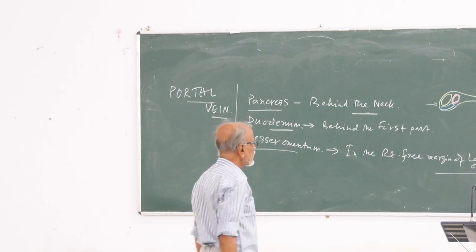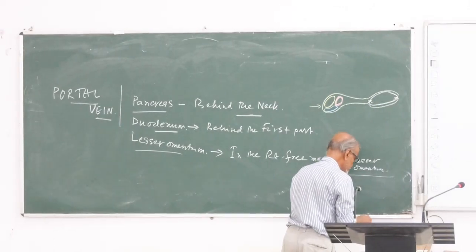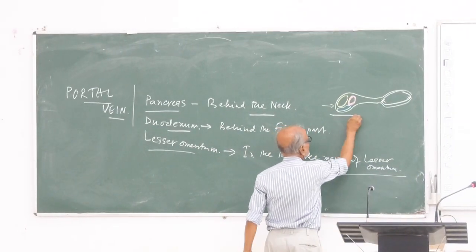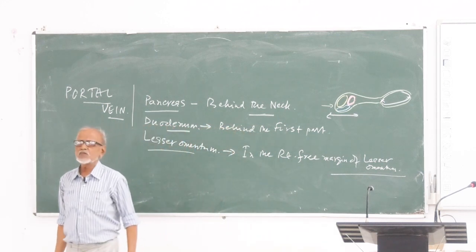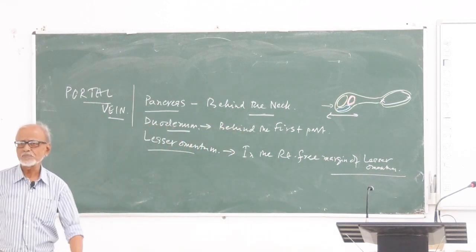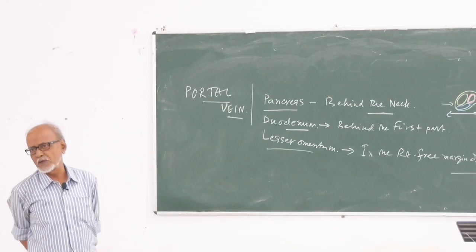আচ্ছা, এখানে কি আছে, এই যে জায়গাটা, এটা আমি কি দেখালাম, this is the adductus to the lesser sac or foramen of Winslow or epiploic foramen.